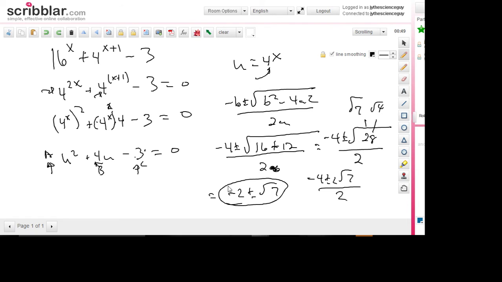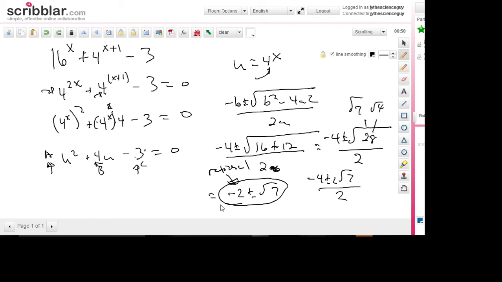They actually did the decimal form, so I think they went ahead and rounded it to 3 decimal places. So it was like negative 2 plus the square root of 7. The form that I wrote there is called the radical form, by the way.